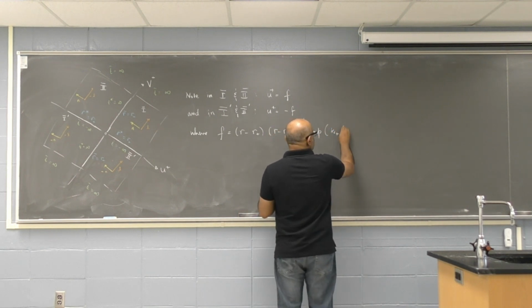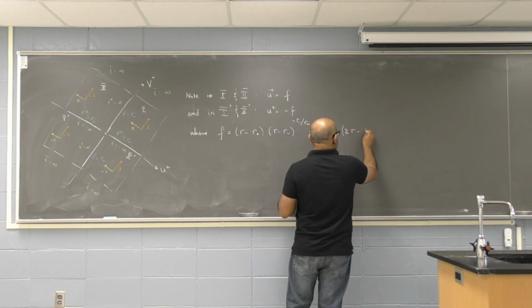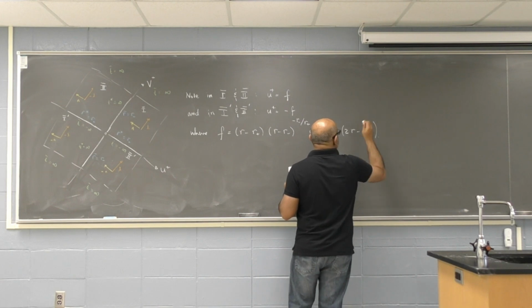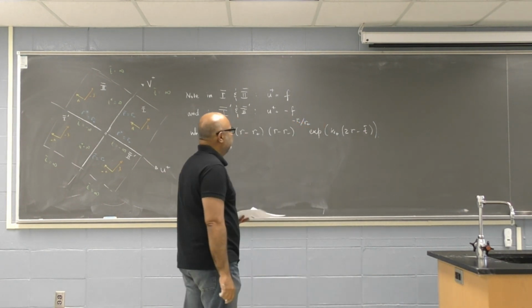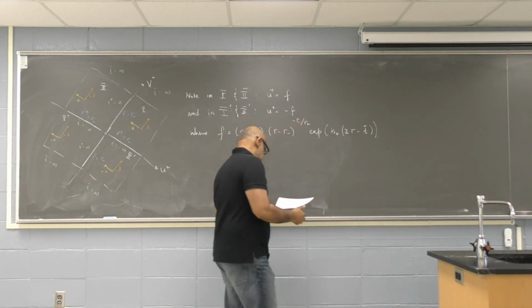Kappa plus 2r minus t. Nope, I think this is t bar. Yeah, I think it's t bar.